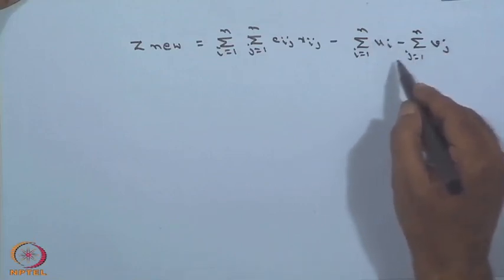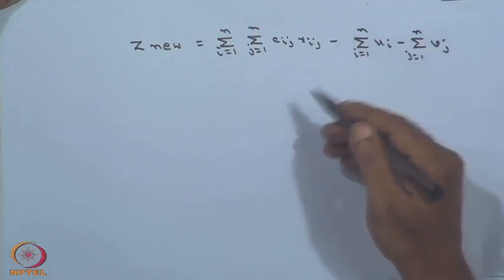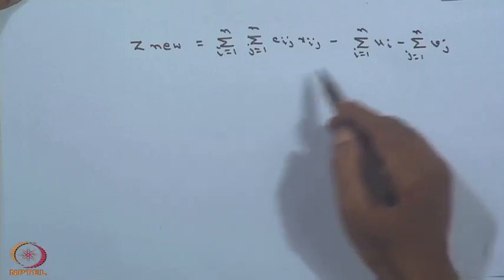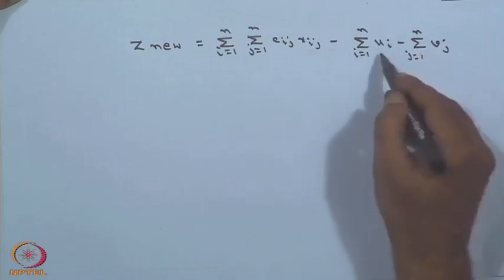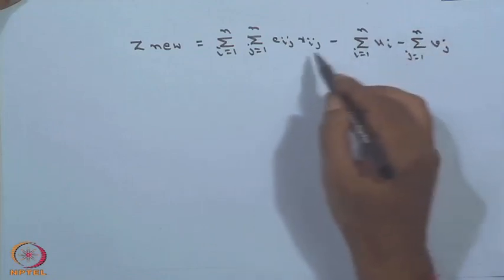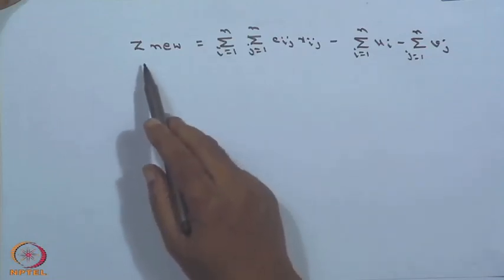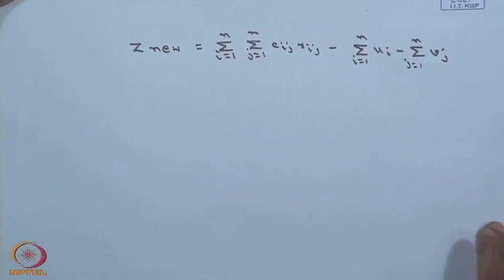So the assignments that will minimize z will also minimize z new, because u_i and v_j are not dependent on x_ij. Therefore, the x_ij which satisfies z will satisfy z new also. In other words, I can always add or subtract some value from a row or from a column.